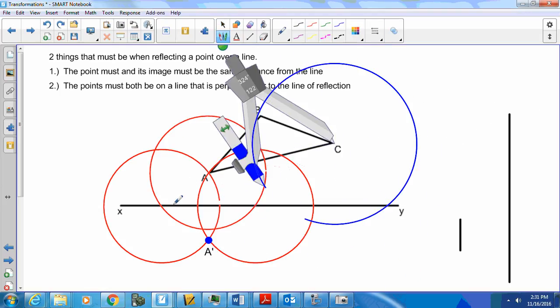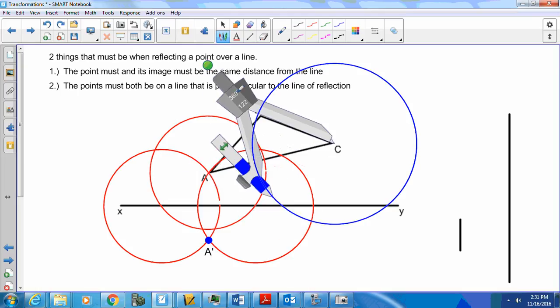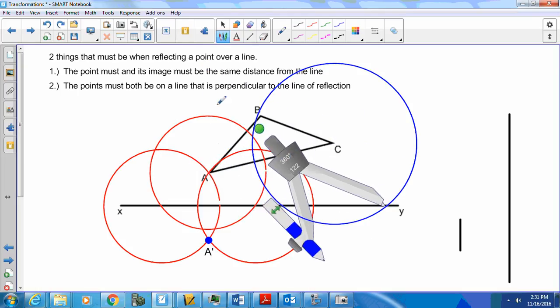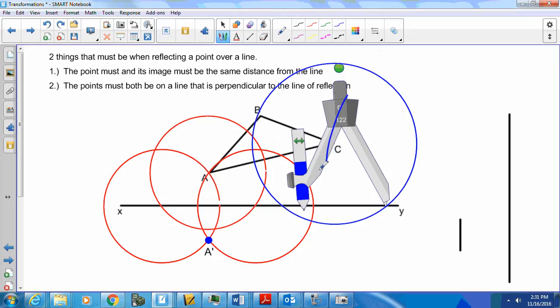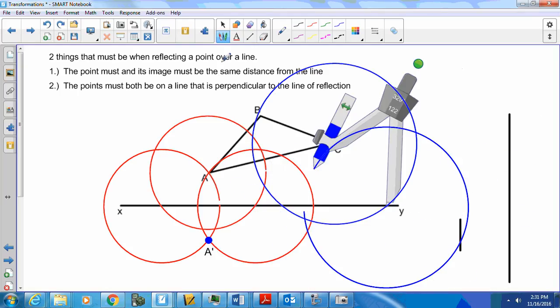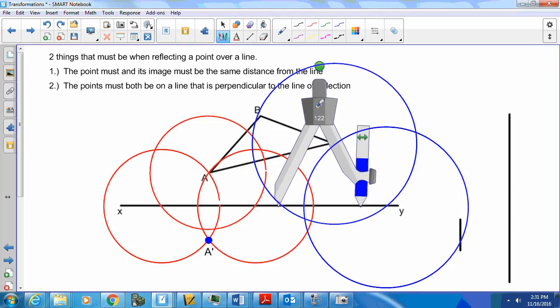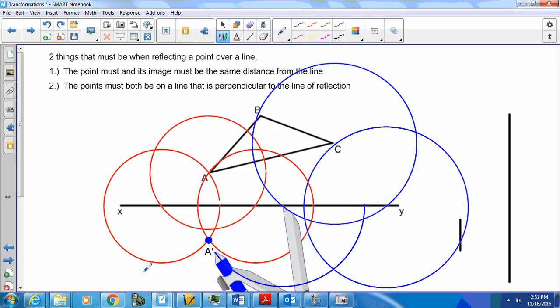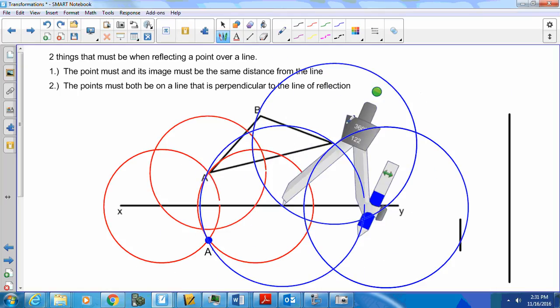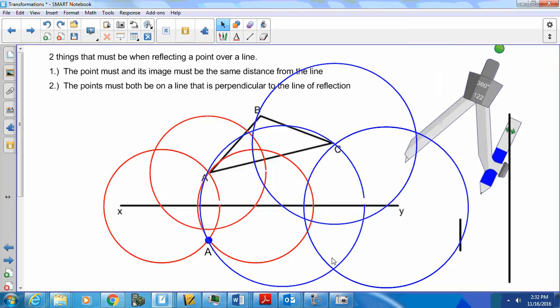All right, so now if I want to do C, I have to do the same exact thing. So I have to do 3 circles. Then I do it here, and I do it here, and my C prime is now right here.